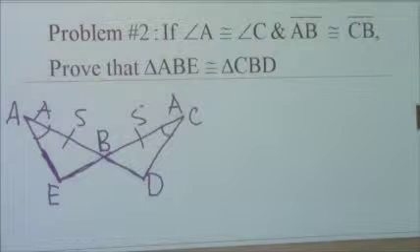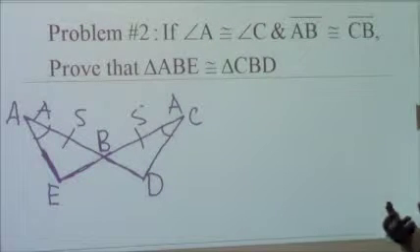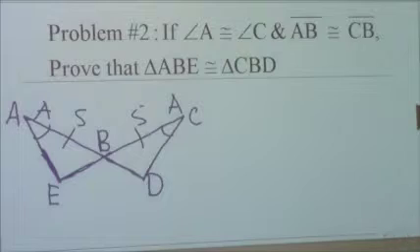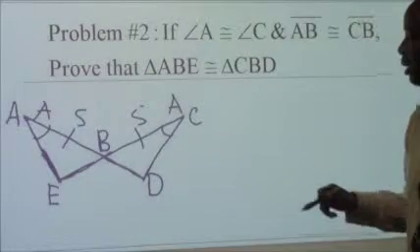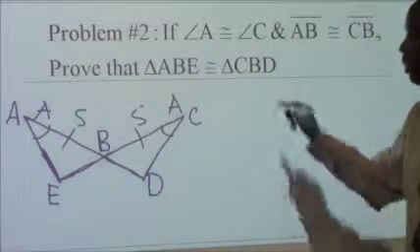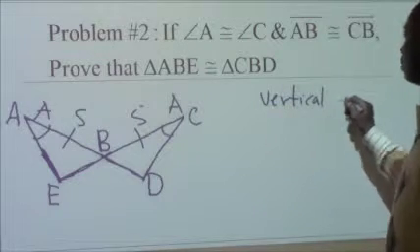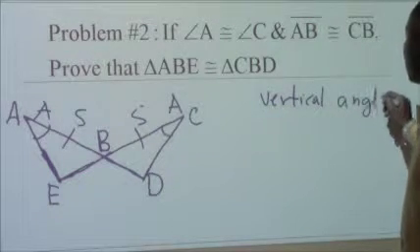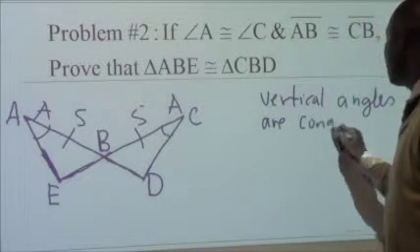So I must use my knowledge of geometry to see if I can identify any other congruent side or angle. Well, over here, I see that this angle and that angle are vertical angles. And I know that vertical angles are congruent. So that's a very important fact. Vertical angles are congruent.